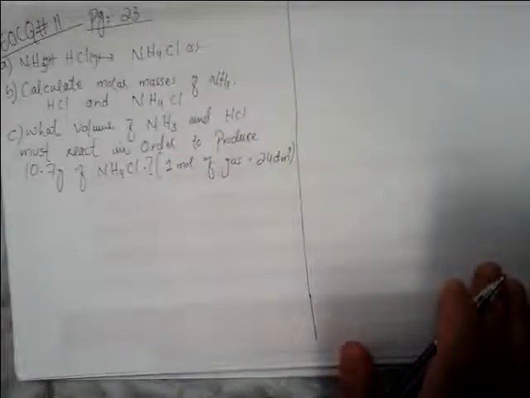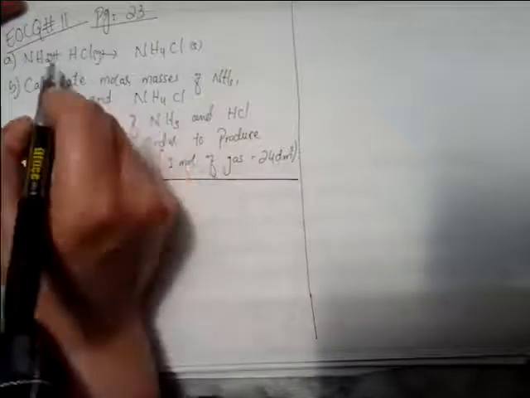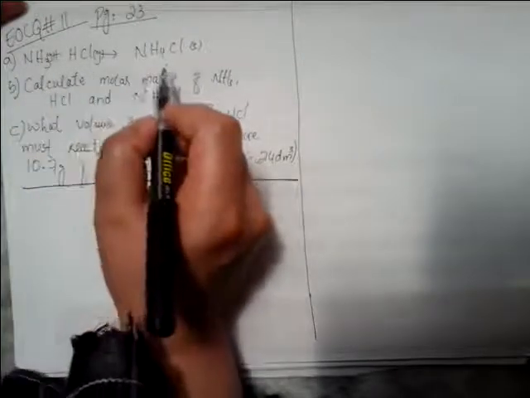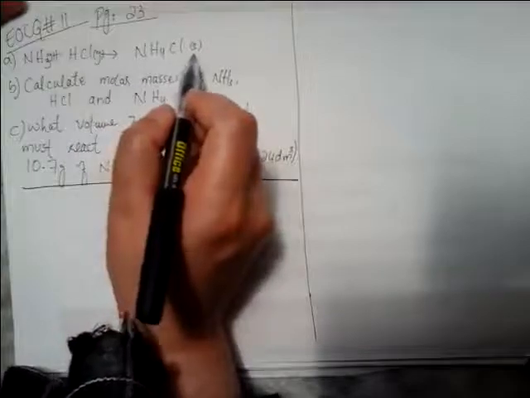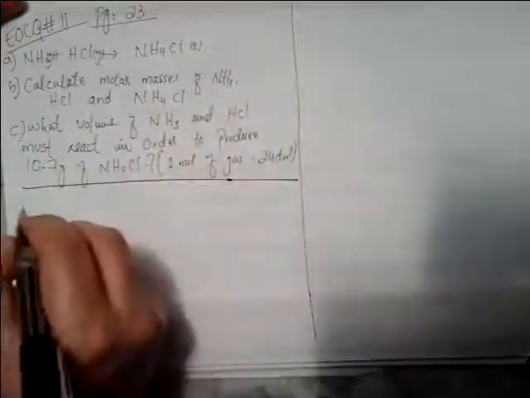This question in your book on page 23 is about ammonia. Two types of gases, ammonia and hydrochloric acid, react together to form ammonium chloride, a solid. Calculate the molar mass of ammonia, hydrogen chloride and ammonium chloride. Very easy.